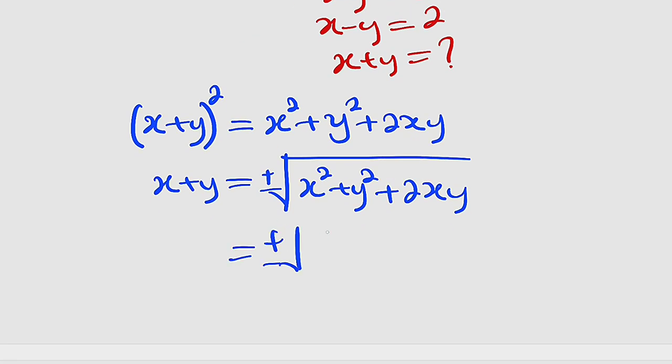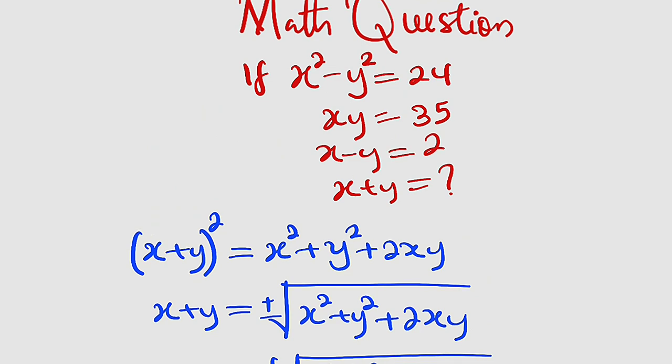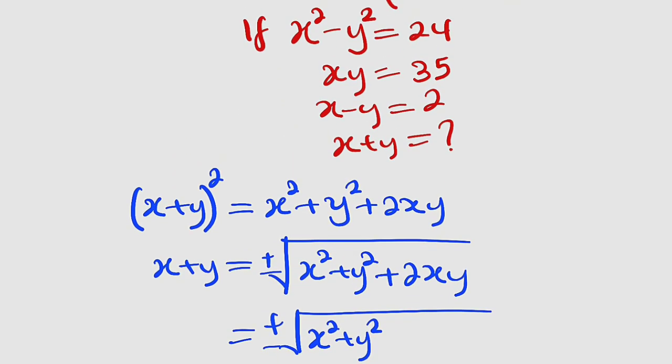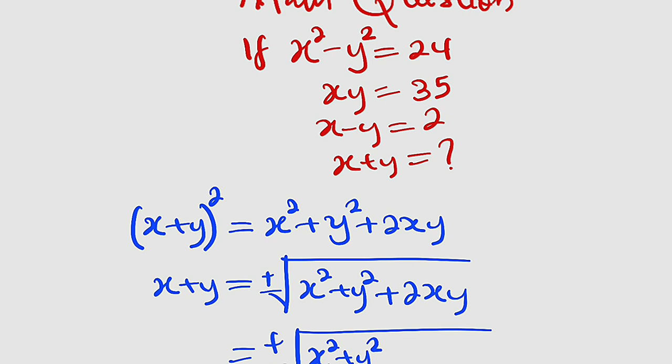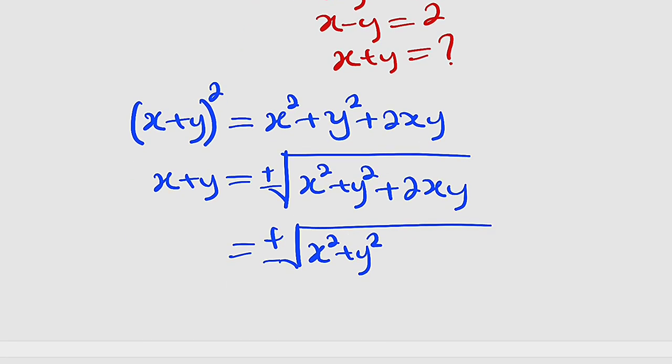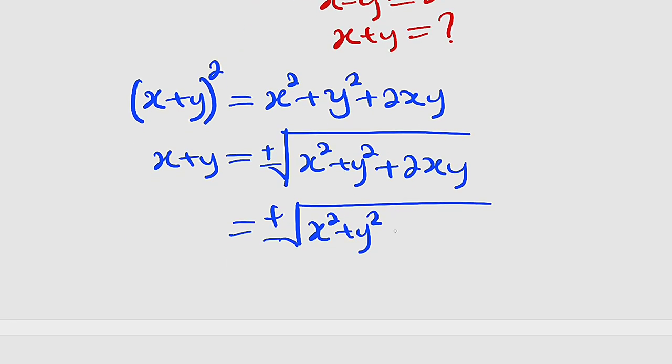Plus or minus square root of x squared plus y squared. I know x squared plus y squared is 74 because remember I obtained that one as well. 7 squared plus 5 squared is 74. But since we assume we don't know the values of x and y, we have to look for x squared plus y squared.